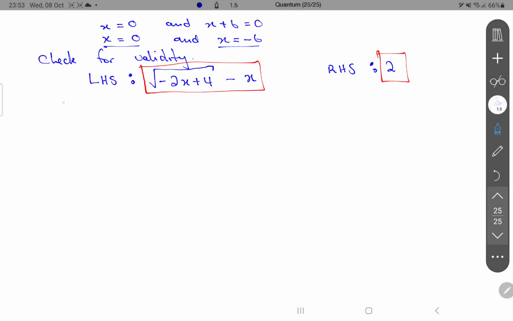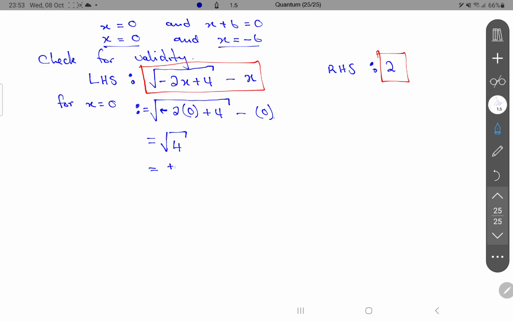Now, suppose for x equals 0, our left-hand side becomes the square root of negative 2 times 0 plus 4, minus 0. So we'll definitely have the square root of 4 only.